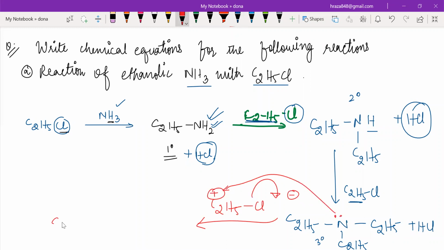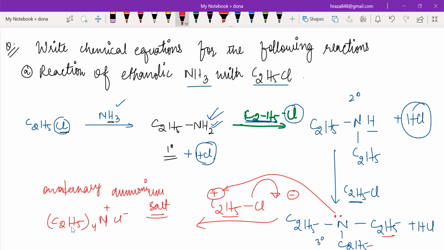What you get is C2H5 thrice already there, and one more C2H5 comes to make it four, with N positive and Cl negative, which is known as quaternary ammonium salt. If you are doing ammonolysis, you need to go up to this point. Is that clear? Yes, sir.